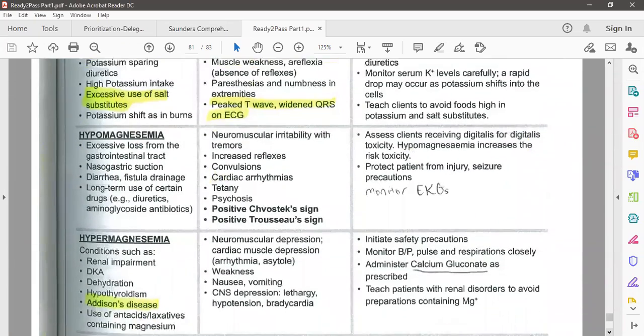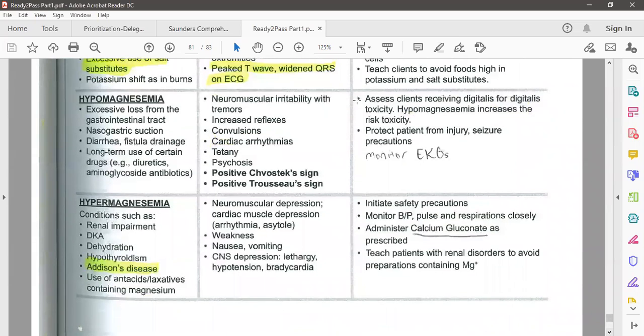Next, we have to talk about magnesium. Very important about this magnesium. But some of the books talk about the chloride. Chloride is important as well, and phosphorus also.